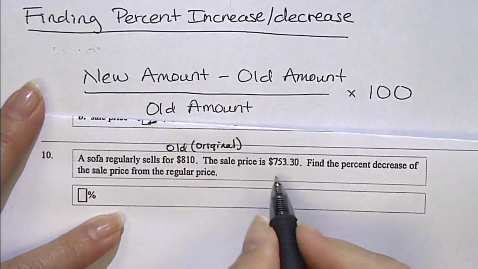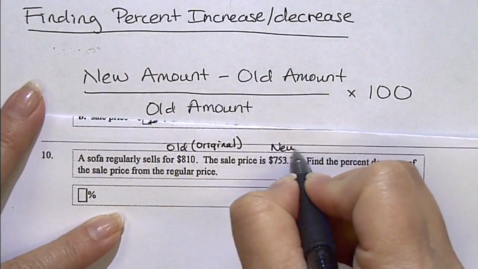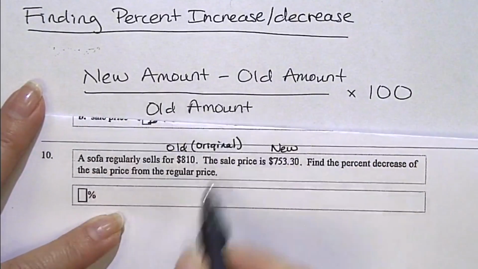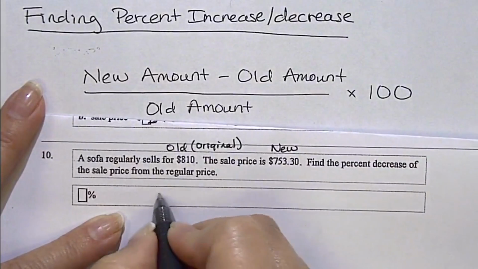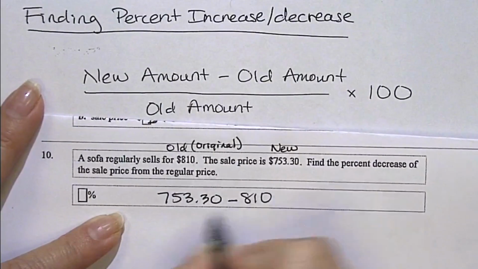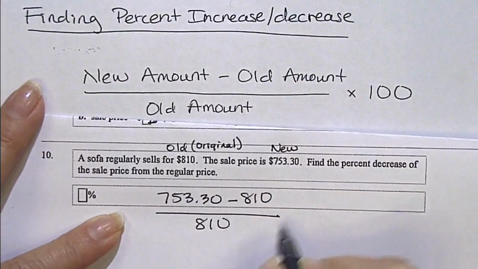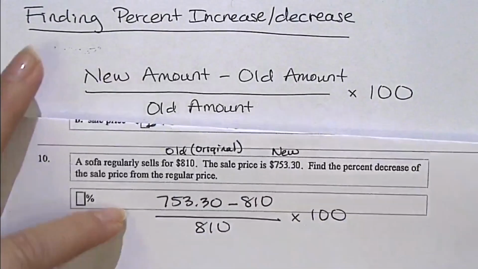The new amount is the sale price. It now sells for $753.30. So looking at this formula, I want to take the new $753.30, subtract the old $810, and always divide by the old, and then multiply by 100.